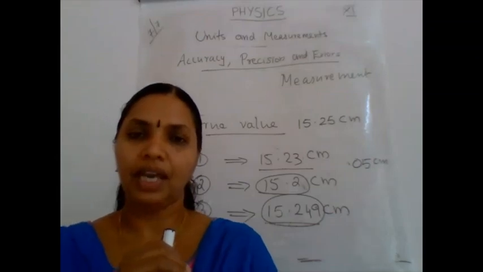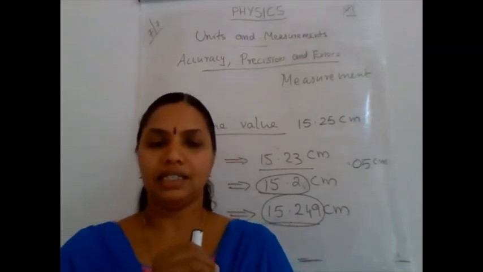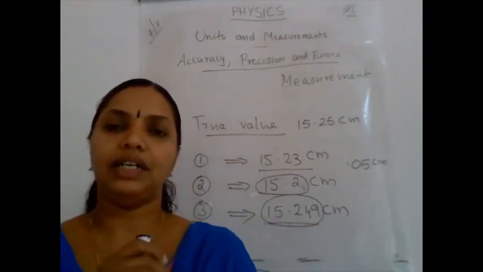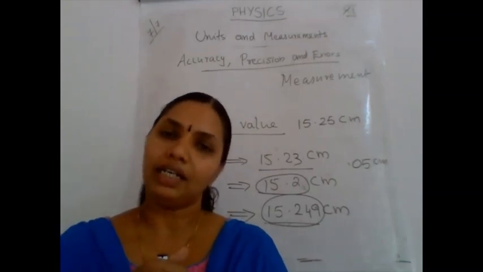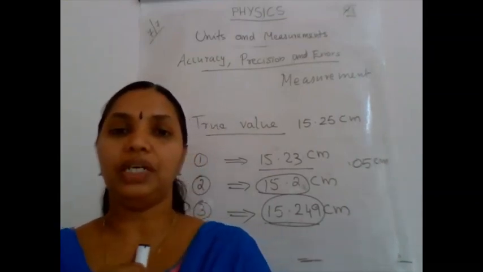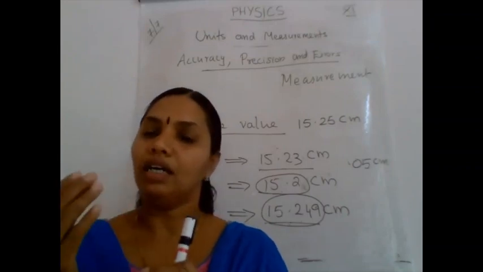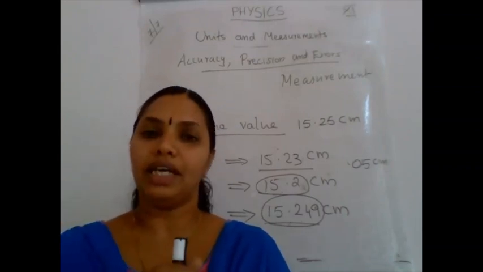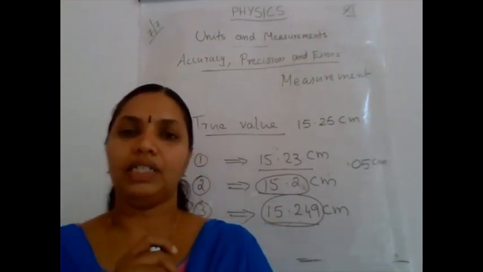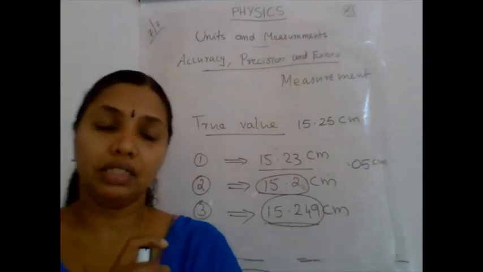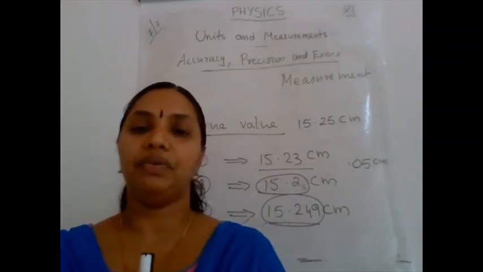In accuracy, some variation may happen because of the person doing the measurement, or mistakes, or problems with the devices we are using for the measurement.